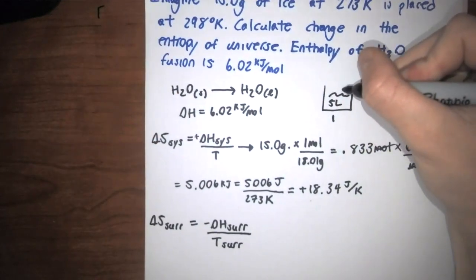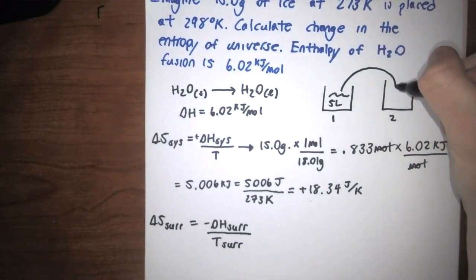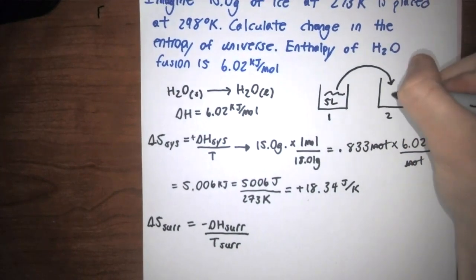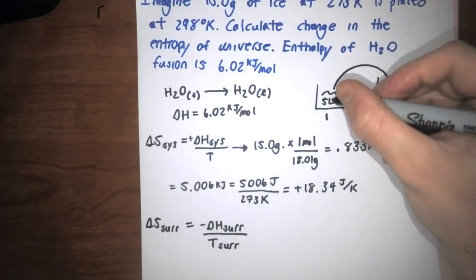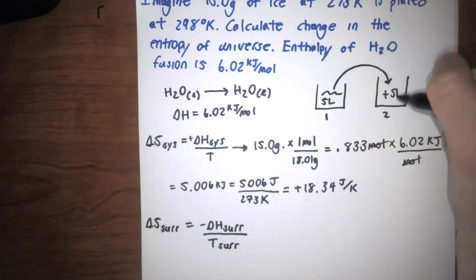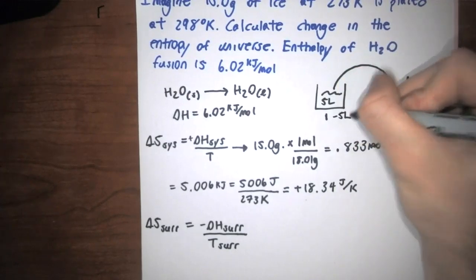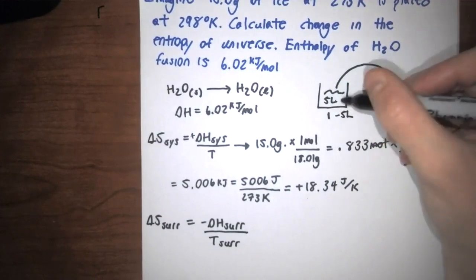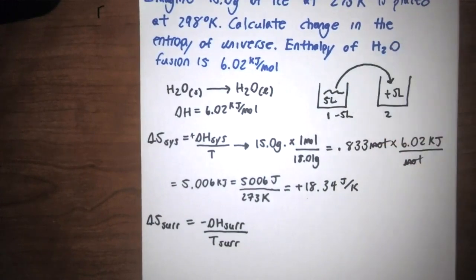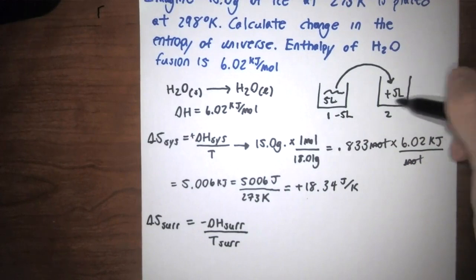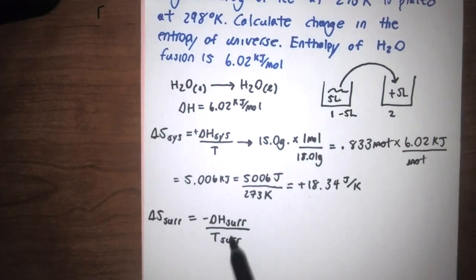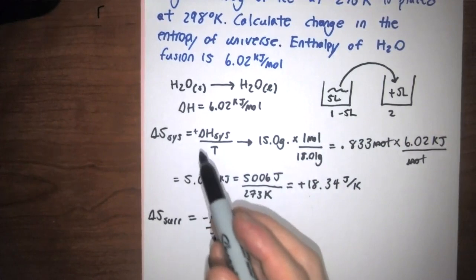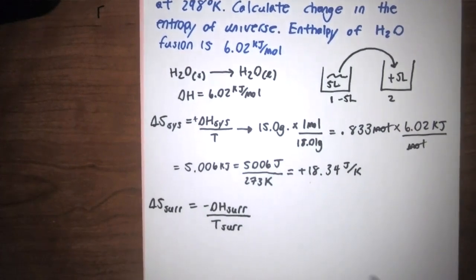If I take out the 5 liters from jug 1 and put them into jug 2, this would be a positive gain of 5 liters, right? We put 5 liters into initial 0, plus 5 liters. This would be a negative 5 liters. We lost 5 liters from here. Give away 5, you go to 0. So in this case, this is a positive reaction. This is a negative reaction. It's giving off. So in this case, we are losing the energy from the surroundings to the system.